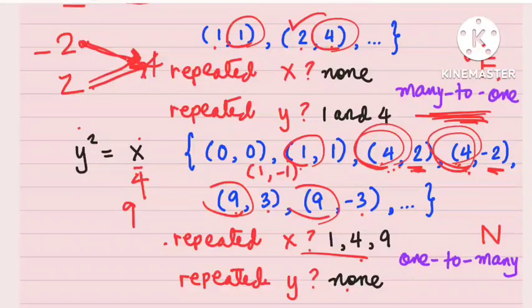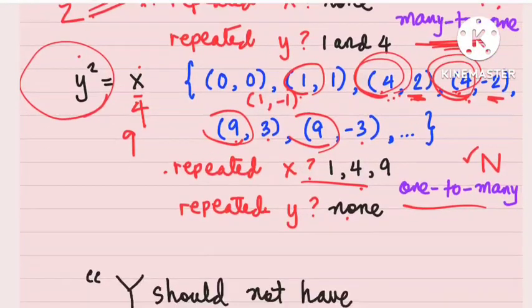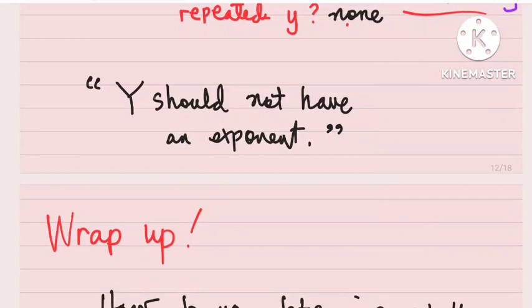So this shows a one-to-many correspondence, and that is not a function. Y is raised to a power, and y should not have an exponent. So when you're given an equation, look for y and check whether it is raised to a power or not.